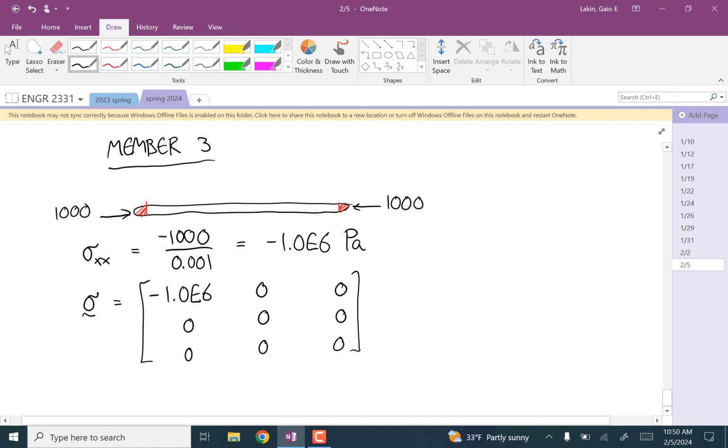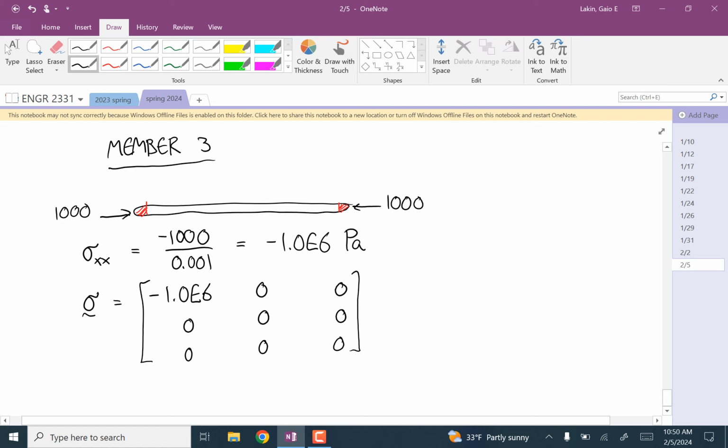Normally, you would calculate the eigenvalues to get the principal stress. But what would the eigenvalues tell you? It would give you the three answers, 0, 0, and -1 times 10 to the 6. And then you'd be like, stupid, stupid, stupid.